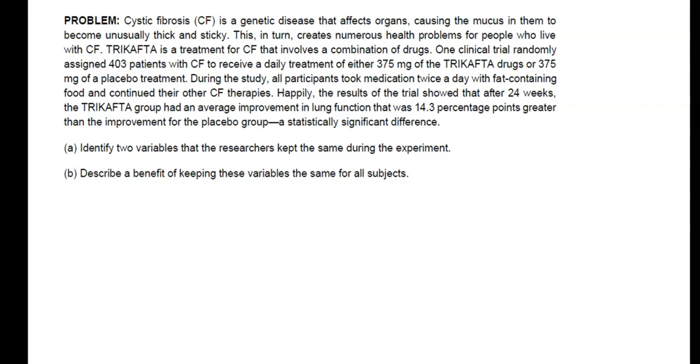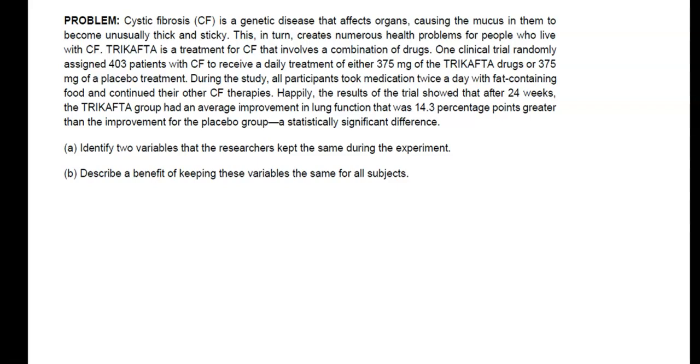During the study, all participants took medication twice a day with fat-containing food and continued on their therapies. Happily, the results of the trial showed that after 24 weeks, the drug group had an average improvement 14.3 percentage points greater than the placebo group. That is a statistically significant difference.